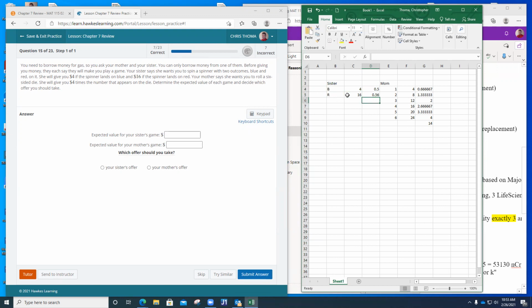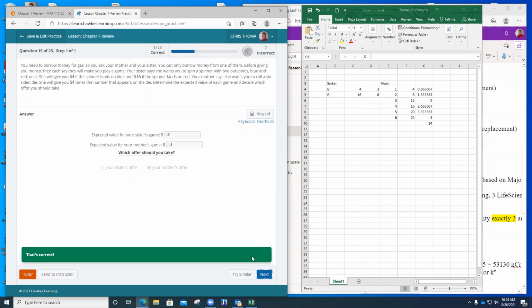They're 50-50. So I'm just going to equal this times 0.5, and then the next one times 0.5, and then add them together. Well, 2 and 8 is 10. So your sister's expected win is 10. Mom's is 14. So mom has a better offer.